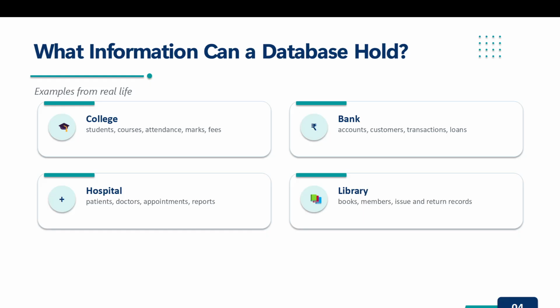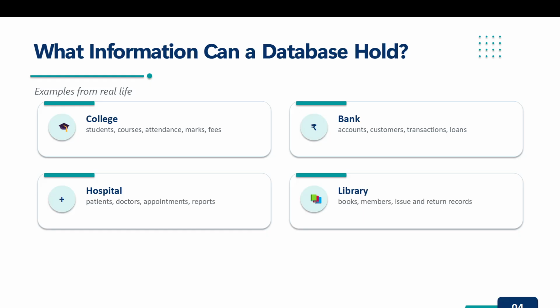In a bank database, we can store customer details, account numbers, balance, deposits, withdrawals, loans, and transaction history. In a hospital database, we can store patient details, doctor details, appointments, prescriptions, lab reports, and billing details.